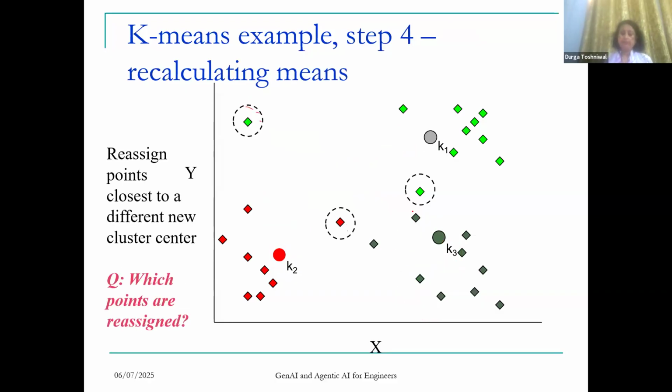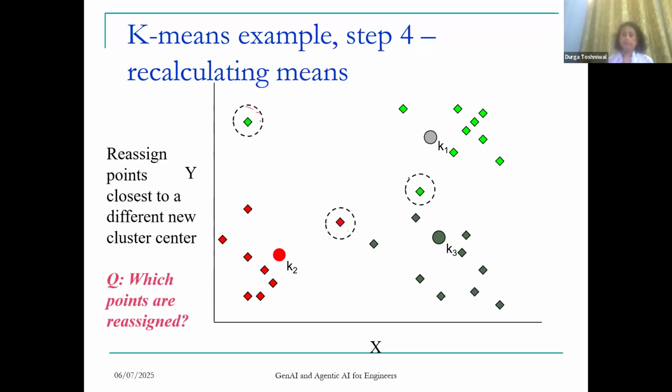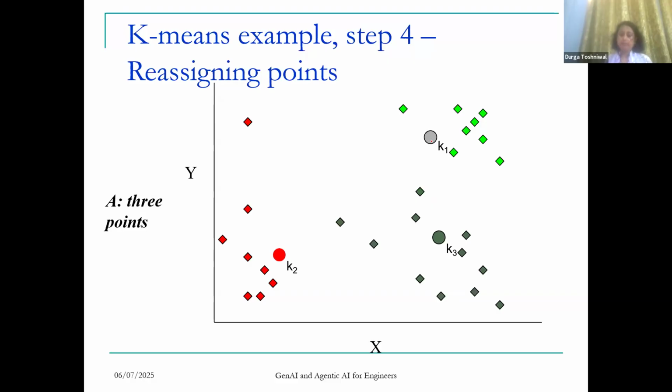So if we look at these 3 points, what we will observe is that some of the points would have changed. For example, this point out here. This point was previously very close to K1. Now it is closer to K3, so it is now assigned to cluster K3.